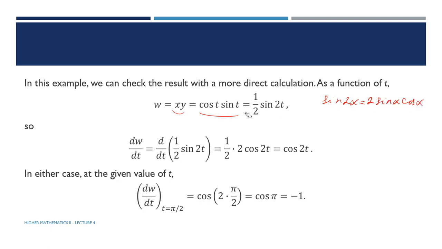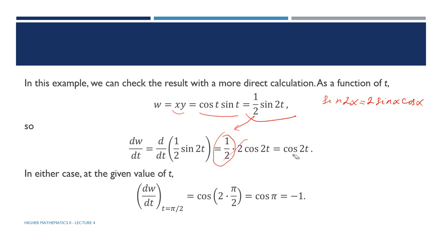The derivative of this expression with respect to t gives us 1 over 2 because it's the coefficient, and the derivative of sine 2t gives me cosine 2t times 2, because we have to use the chain rule again for the function inside of sine, which is 2t. It gives us the number 2. So these 2's are gone, and we got cosine 2t.